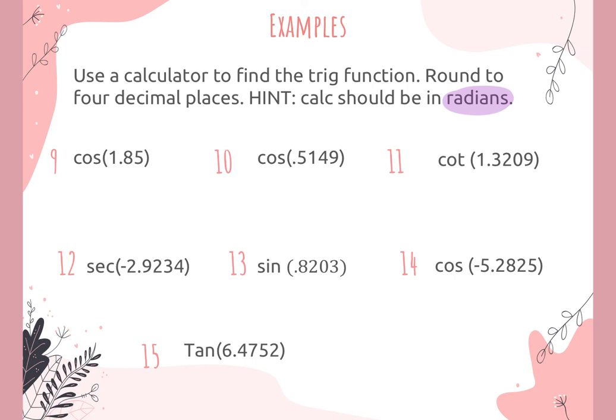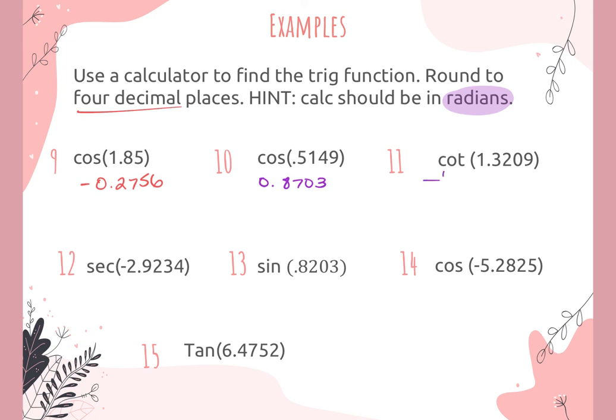Make sure you're in radians, and then I would do cosine 1.85. And this is going to give me negative 0.2756, rounding to 4 decimal places. And then I do cosine 0.5149, and I get 0.8703.